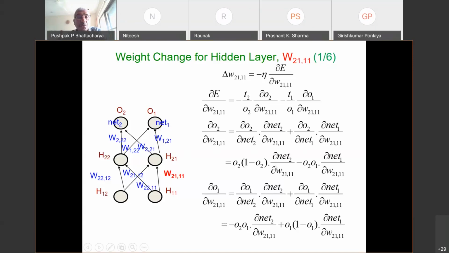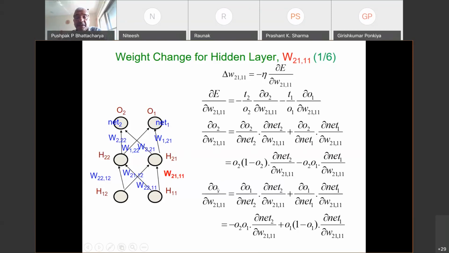Now net 2, what is net 2 a function of? Net 2 is a function of both the outputs from both the hidden layer neurons. So it's a function of H22 and H21. Okay, and net 1 is also a function of H22 and H21.